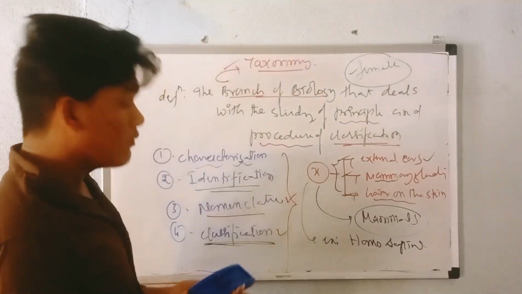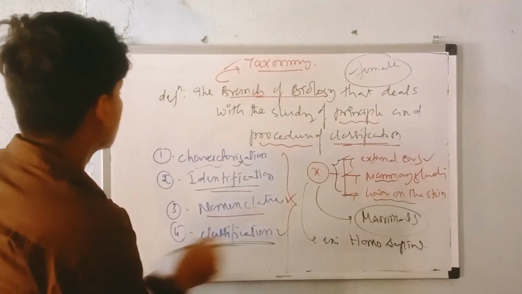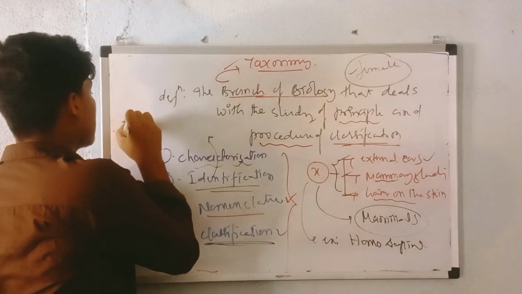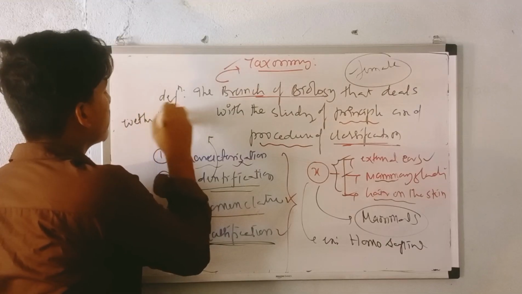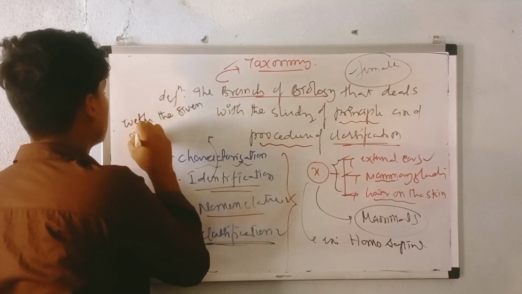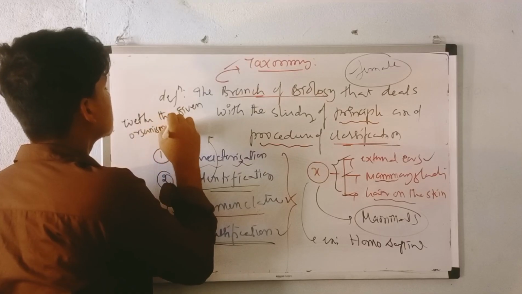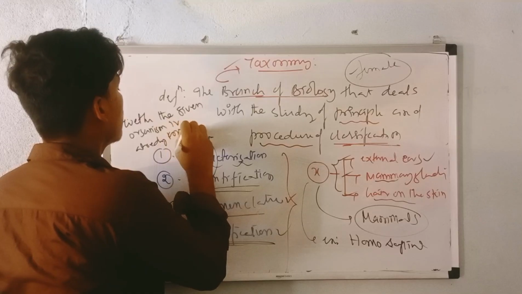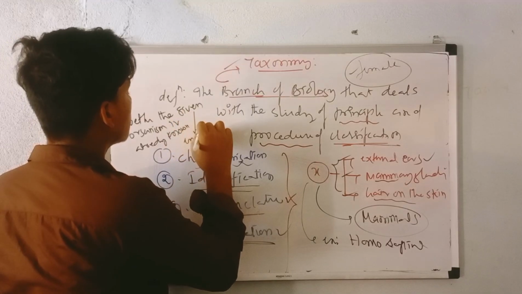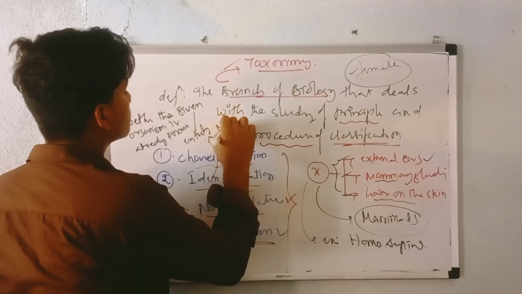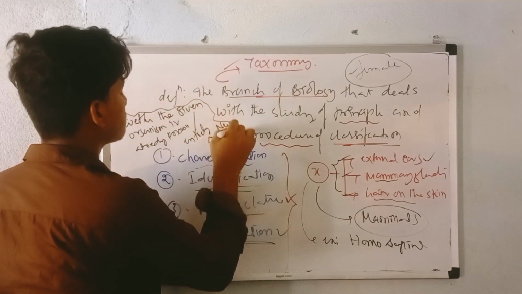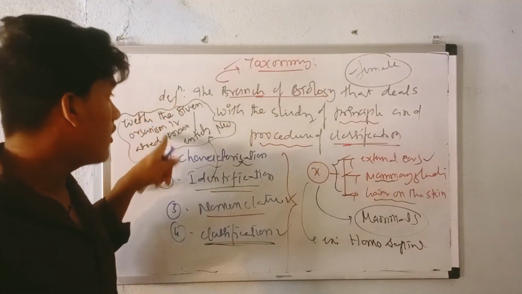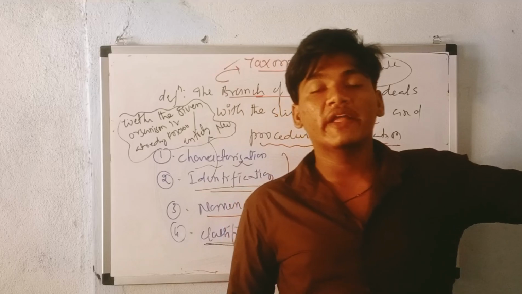I hope you understood what is meant by characterization and identification. One more definition of identification, which was not mentioned in NCERT, but remember it: whether the given organism is already known or entirely new.